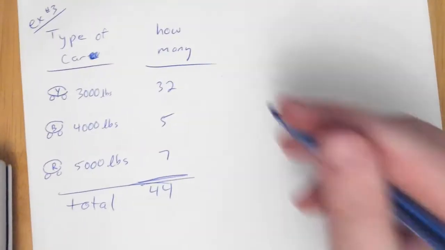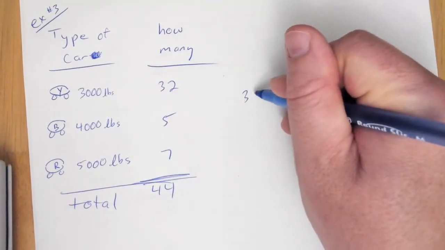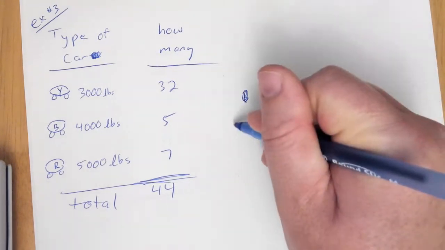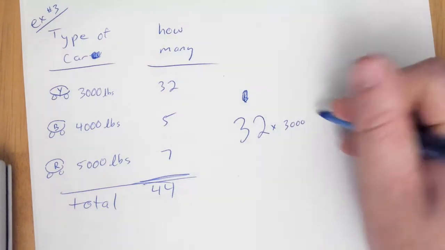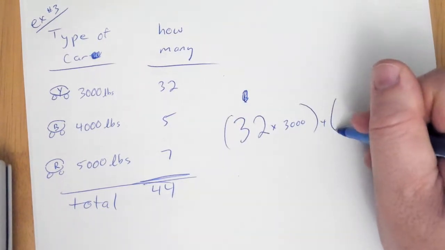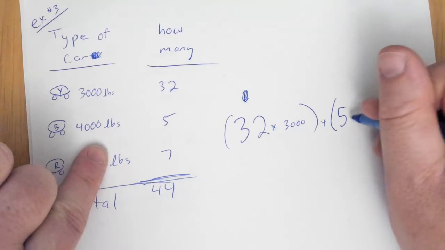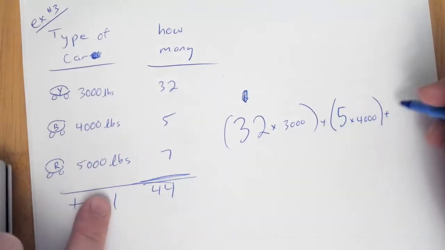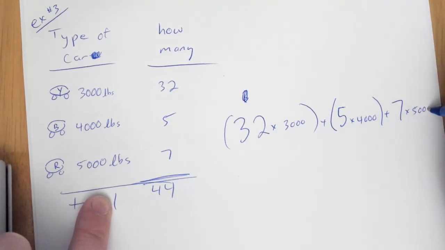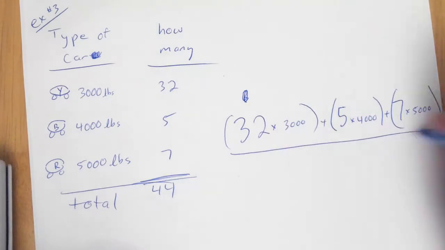All right, for this one, there's 32, so we'll write this one really large. So 32 times the 3,000, 1, 2, 3, plus there are 5 of the 4,000, plus there are 7 of the 5,000, 1, 2, 3, all over.